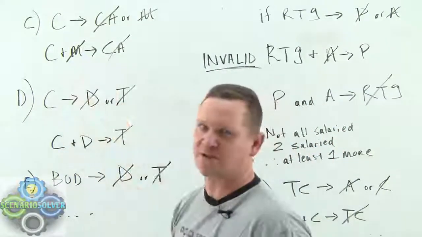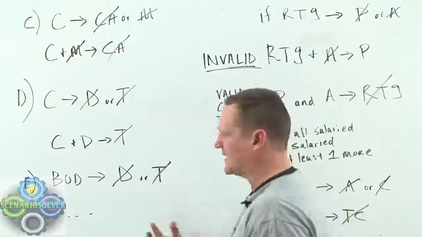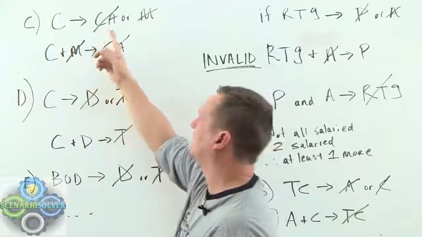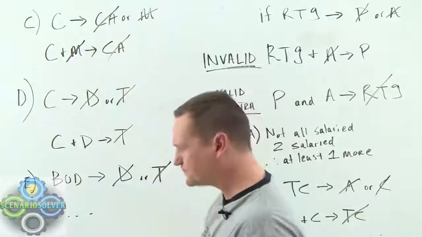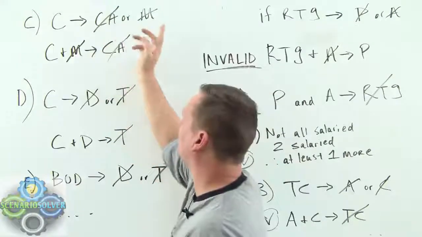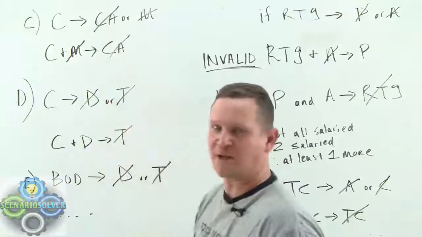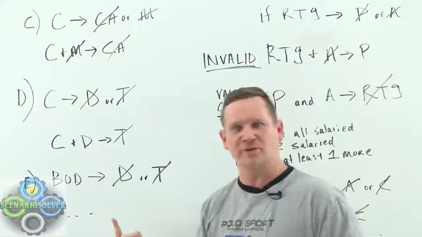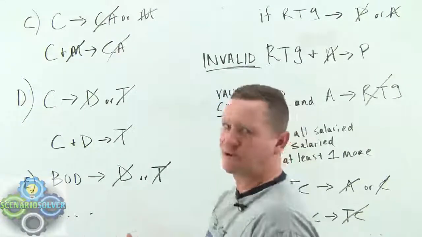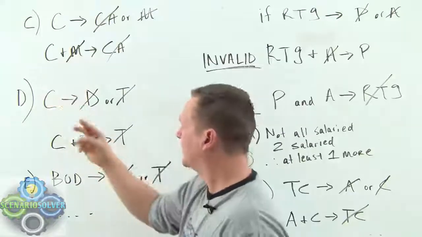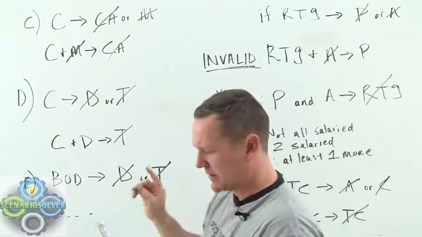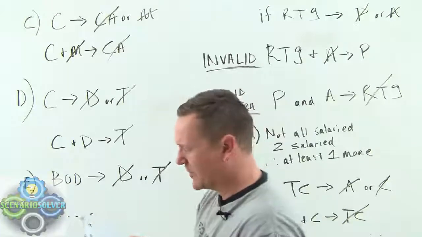But let's go to answer choice C. It is, if you're a company, then you cannot be headquartered in Canada and Mexico at the same time. So you cannot be headquartered in both of them. You can be headquartered in one of them, or you can be headquartered in none of them. And so it concludes that we're a company that doesn't exist in Mexico, and I think I have this actually written wrong.